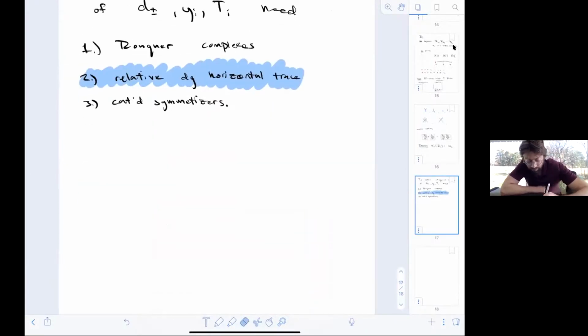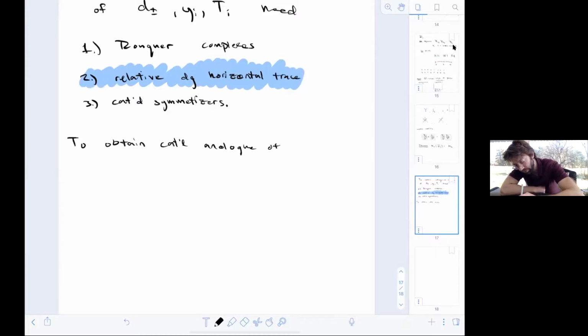So to obtain a categorical analog of this vector space V and M, maybe I'll start with V and M tilde.